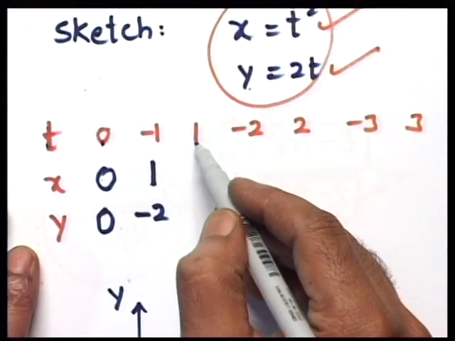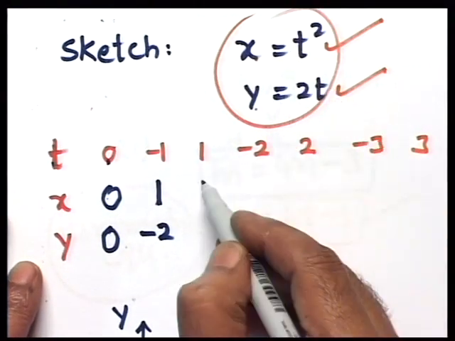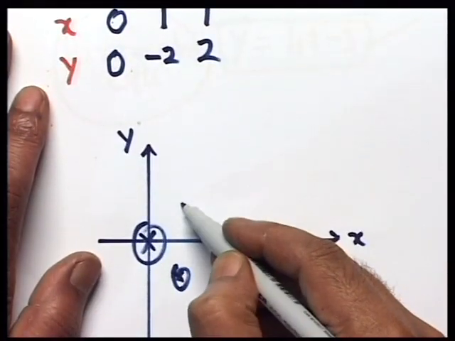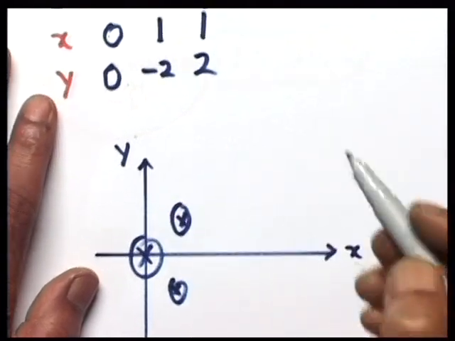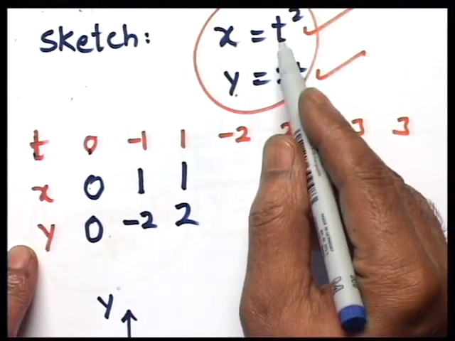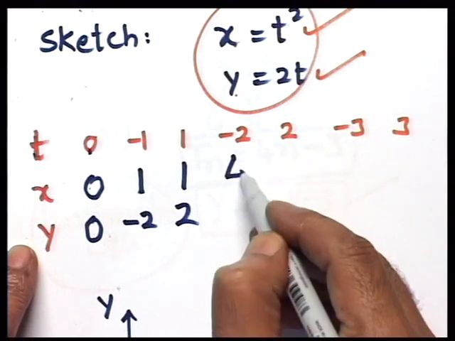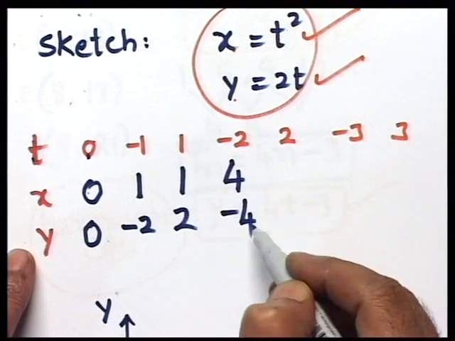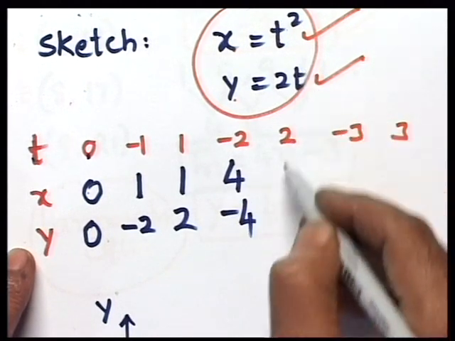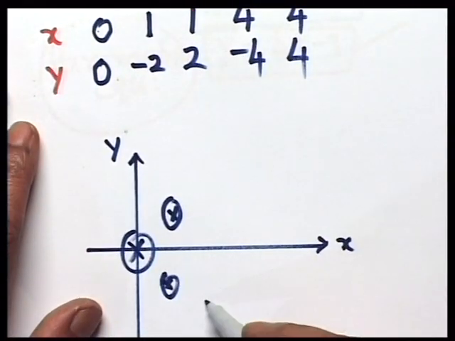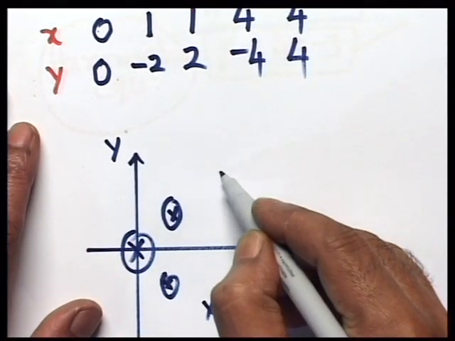In the same way, if you substitute 1, x becomes 1 and y becomes 2. So we have a mirror or the reflection of that point here. Let's substitute minus 2. Minus 2 squared gives me 4. That's the x coordinate. And for minus 2, I get minus 4. For 2, I have 4 and 4. So we have 4, minus 4 and 4, 4.